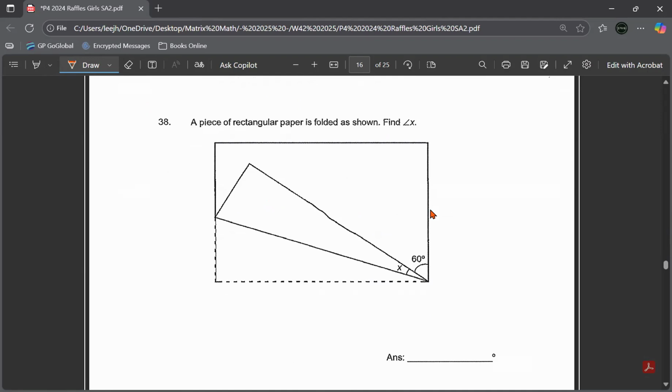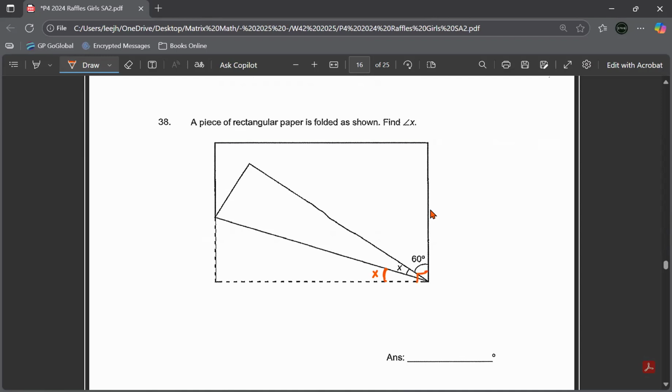Okay. Question 38. A piece of rectangular paper is folded as shown, find angle X. So you see if fold up, that means this here will also be X. Okay, so that means angle X is here. So where did this flipped part, overlap part come from? It comes from the bottom. So this is angle X. So behind this is also angle X. Total is 90 degrees.